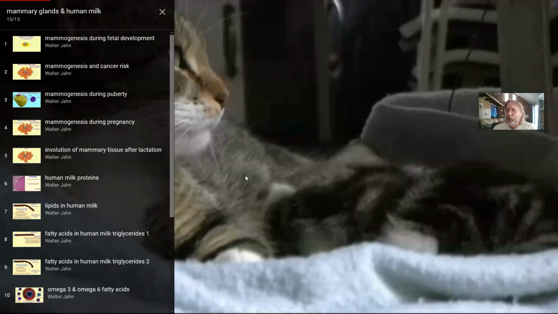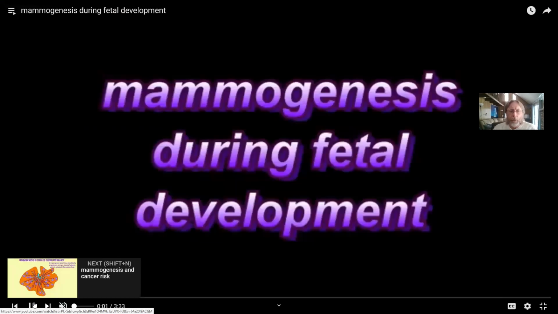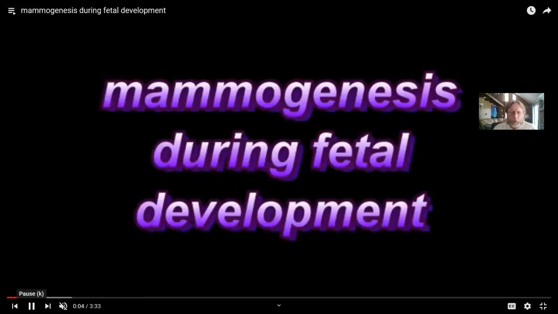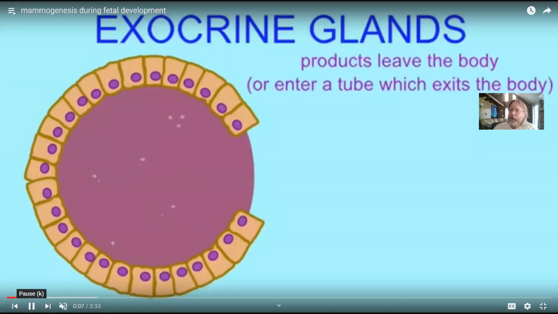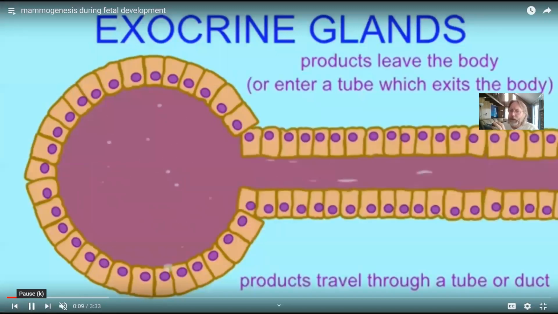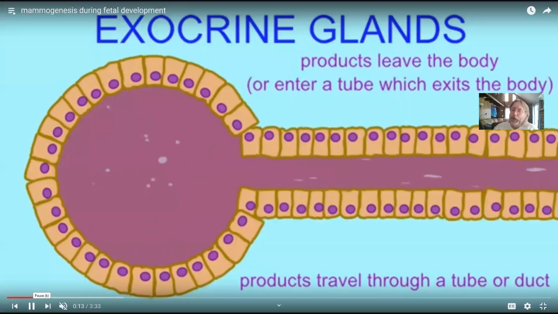This is obviously an important type of gland. Now I'm going to zip through a playlist that I have on mammary glands and milk. The difficult thing is here, obviously in a topic on the integument, one is discussing glands, so this is appropriate.